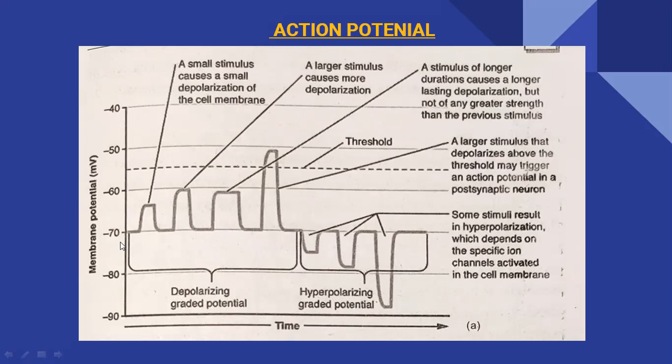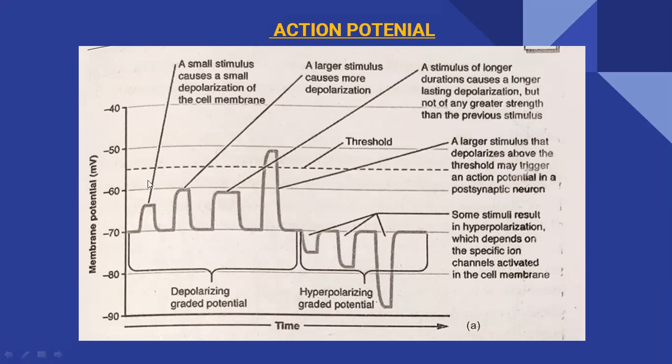So from minus 72 to minus 55 there is a plus 15 millivolt increase. This minus 55 millivolt potential is considered the threshold potential.